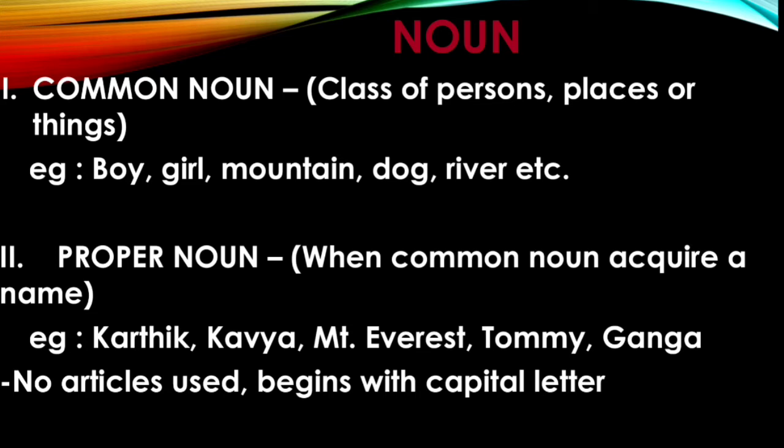What are the articles in English? A, an, and the. So a common noun can be changed into a proper noun by adding the before it. Okay. Countable singular nouns have always an indefinite article before them. But when they are used more than once, the must be placed.